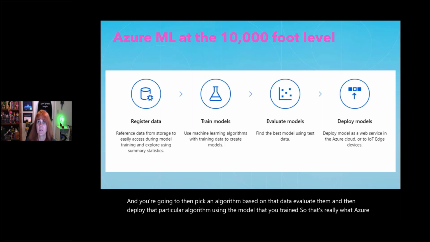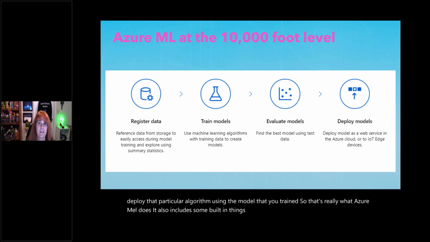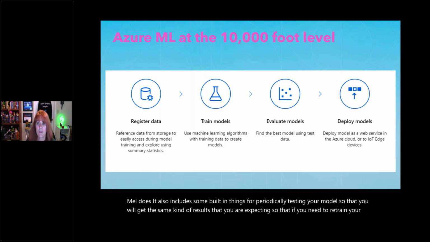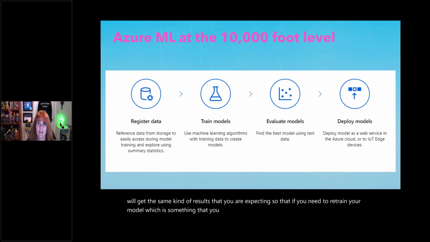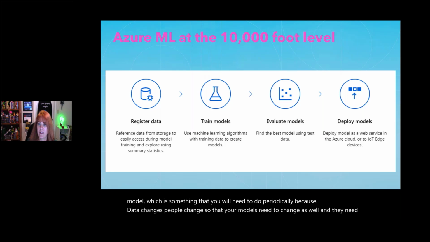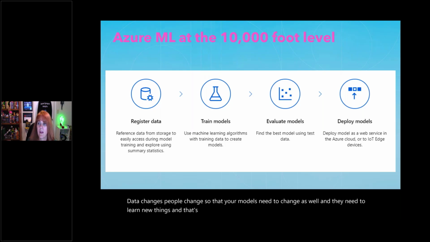It also includes some built-in things for periodically testing your model so that you will get the same kind of results that you're expecting, so that you know if you need to retrain your model, which is something that you'll need to do periodically because data changes, people change, so that your models need to change as well, and they need to learn new things, and that's what Azure ML can do.